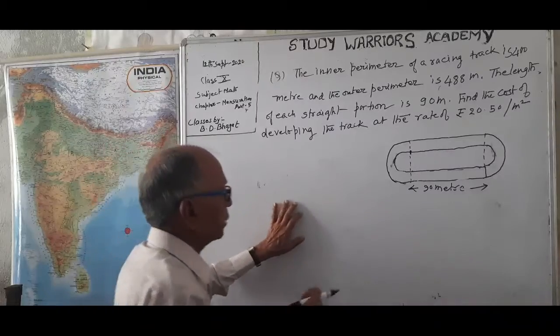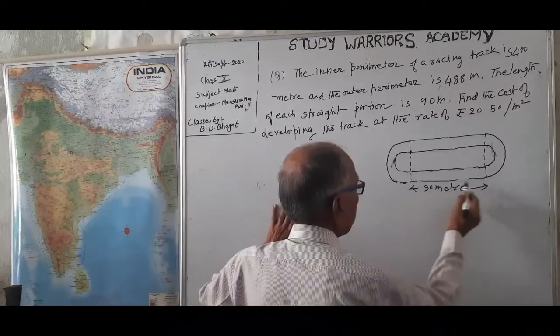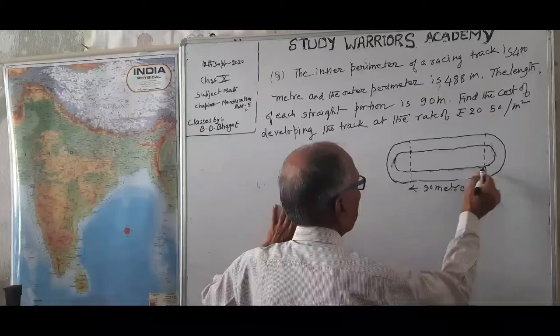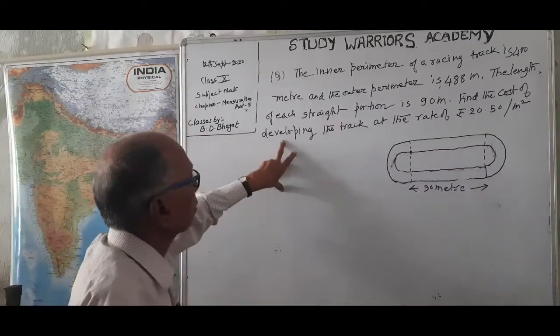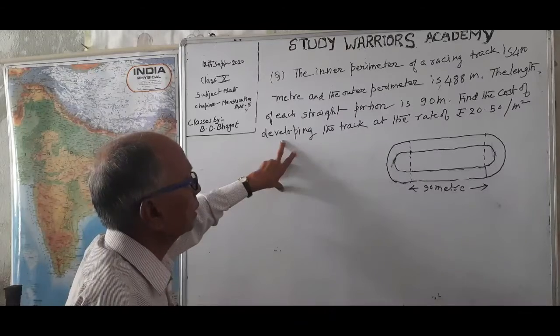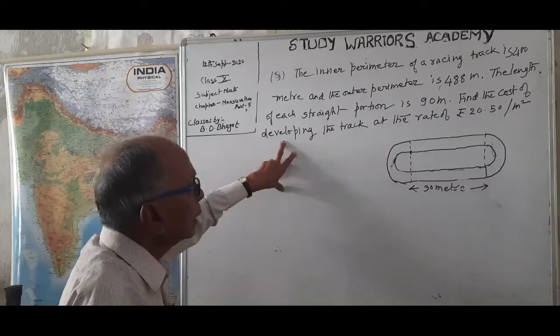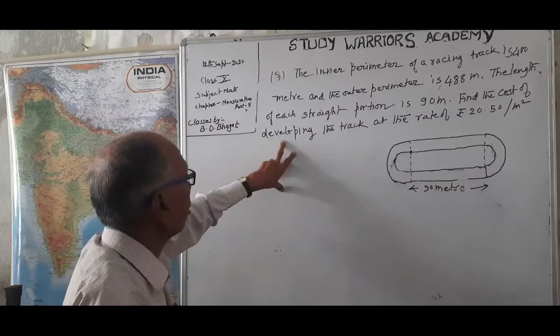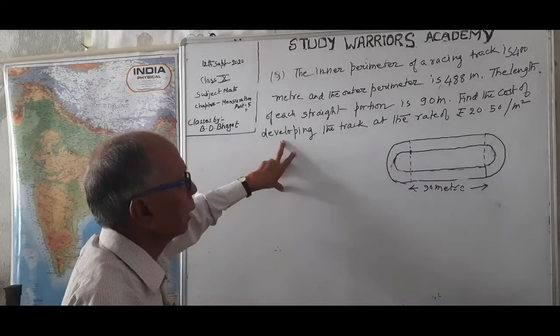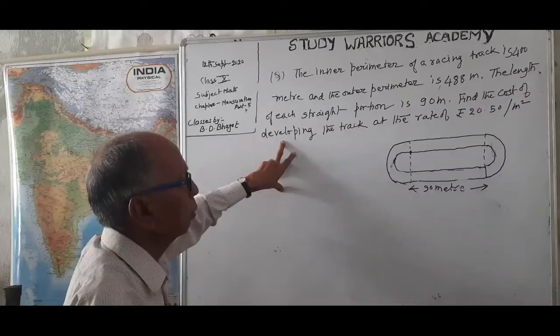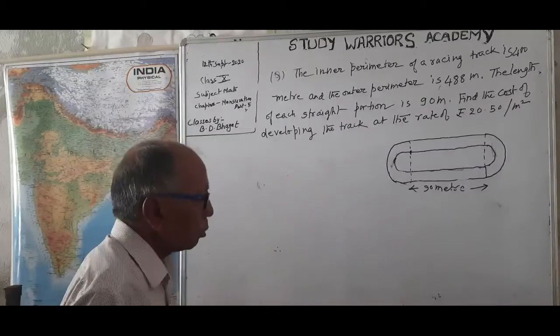And the length of each straight portion is 90 meter. So find the cost of developing the track at the rate of rupees 20.50 per meter square.